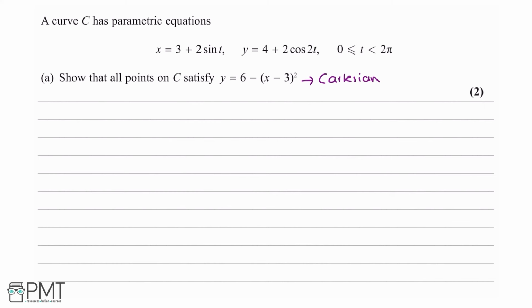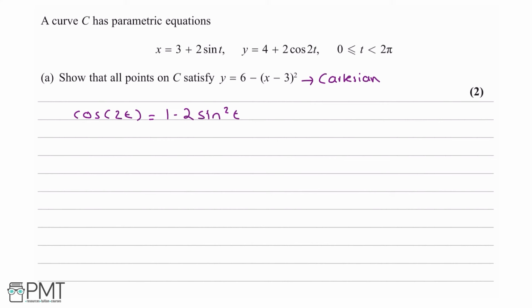Okay? So the way I'm going to go about doing this is notice how we have a cosine 2t in our parametric equation for y. And I'm going to use the identity that cosine of 2t equals 1 minus 2 sine squared t. The reason I wanted to do this is because we have a sine t term in our x parametric equation.